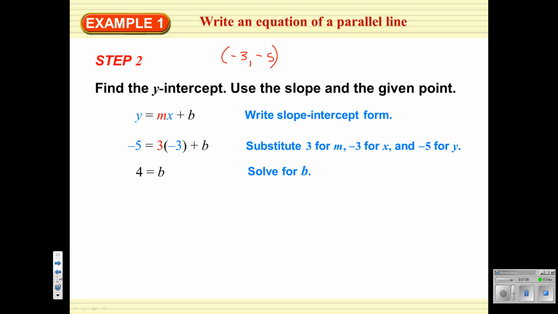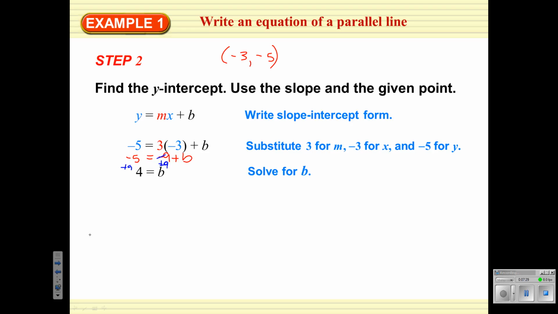So we get b = 4. For those of you that need to see it, 3 times -3 is -9. Add 9 to both sides, and you get b = positive 4. You add 9 here, add 9 here. That leaves you with b, and 9 minus 5 is 4.